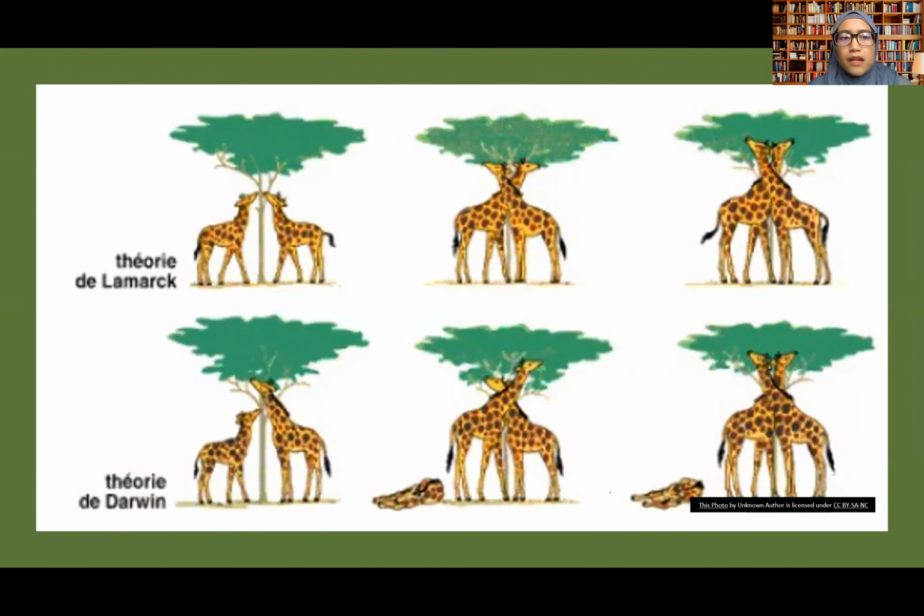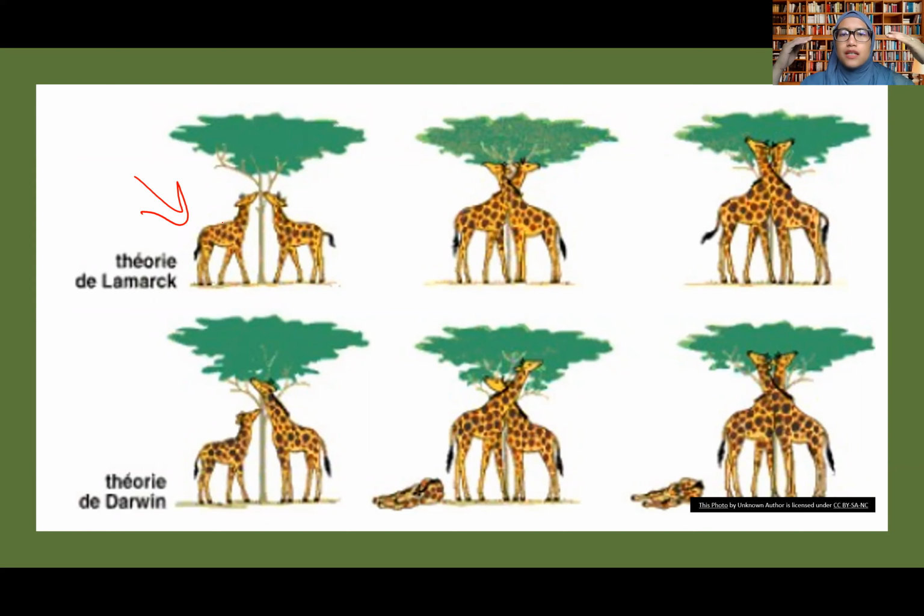And there are 2 theories of evolution. One is Lamarck's theory, and the other one is Darwin's theory. Lamarck's theory comes before Darwin's. In his theory, the organisms adapt to the environment. Like in this picture right here, the giraffe is short.